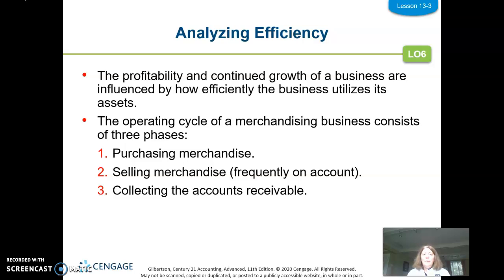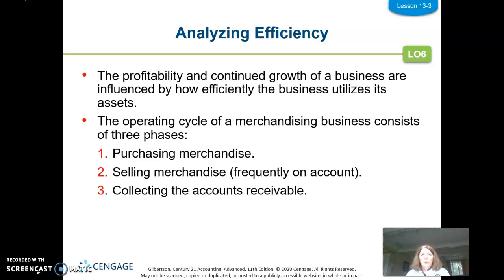If it's on account, we want to collect that accounts receivable as fast as possible. So we often offer accounts receivable in order to try to encourage sales and increase them. But we have to collect those receivables then if we do that, and the quicker we do that, the better. So speed is a big deal here.